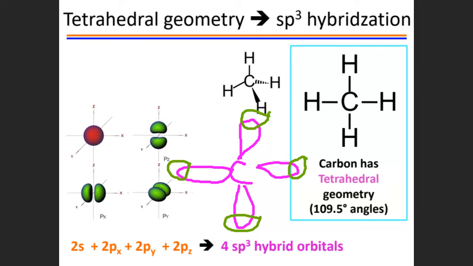When they make this type of overlap, this is very famous and useful when we talk about hybridization, sp3. Here we go, the carbon. So this is the way the carbon-hydrogen bond is formed, by sp3-s overlap.